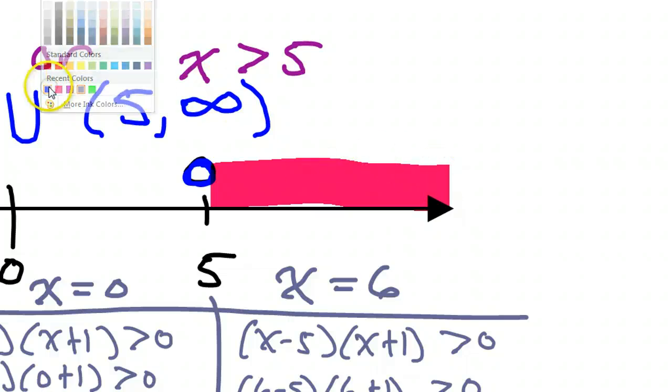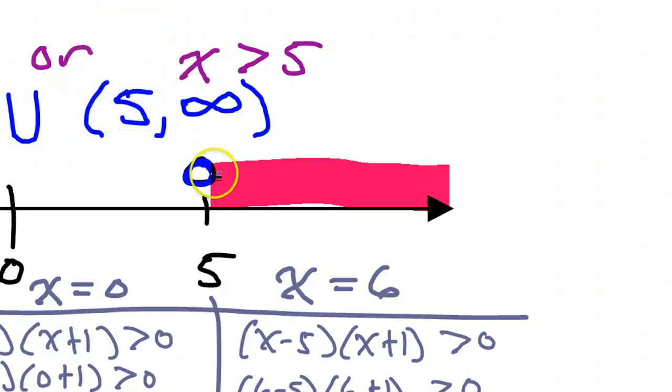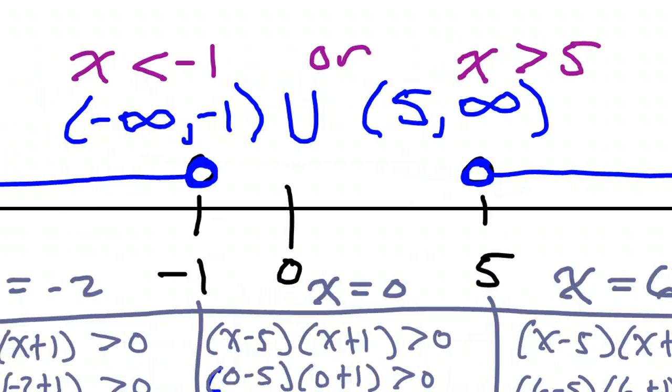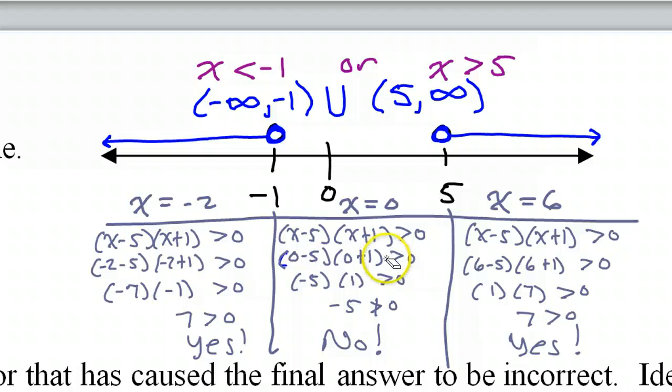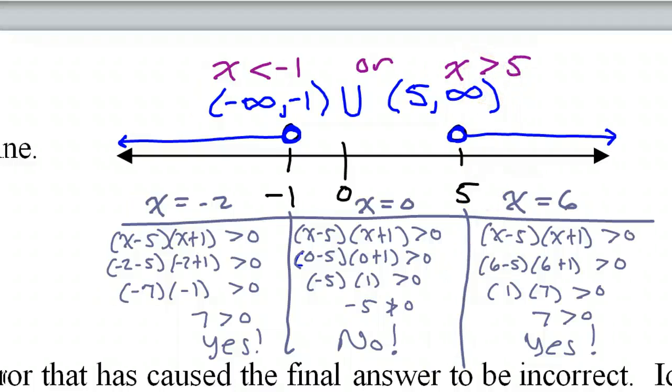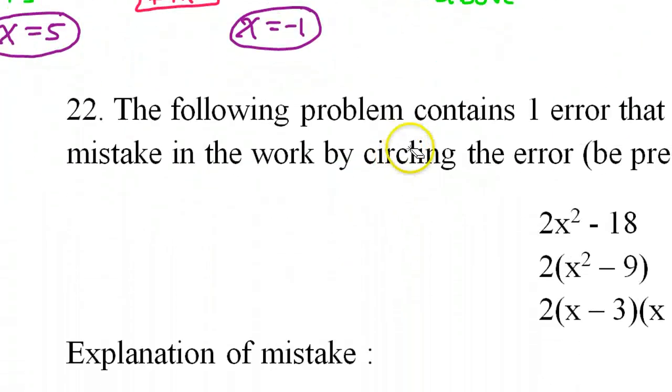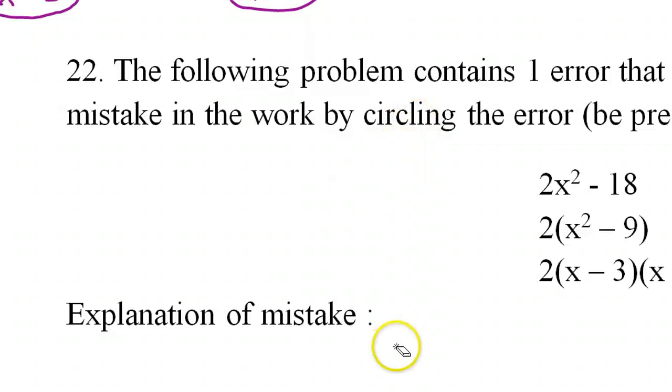And we will show that by drawing an arrow representing all of these solutions. And that gives us the same picture that we had last time, which of course will give us the same solution set that we got last time as well. Alright, so that's 2 ways to do it. Choose wisely. Now let's glance at number 22, see if I can squeeze this into the same video.